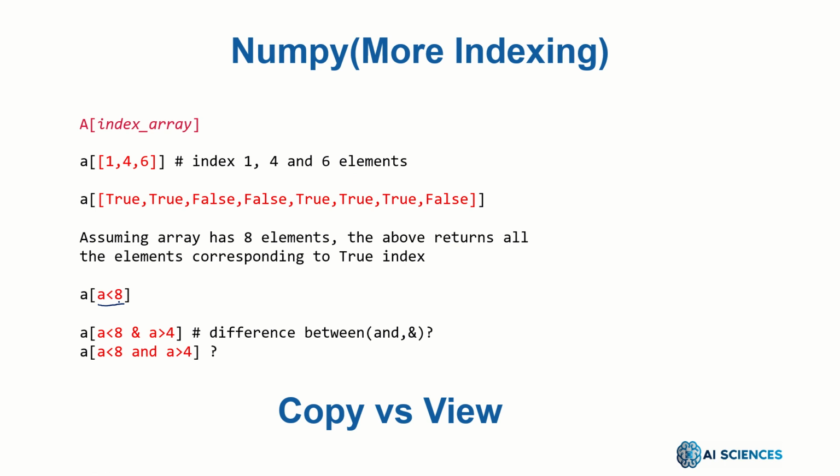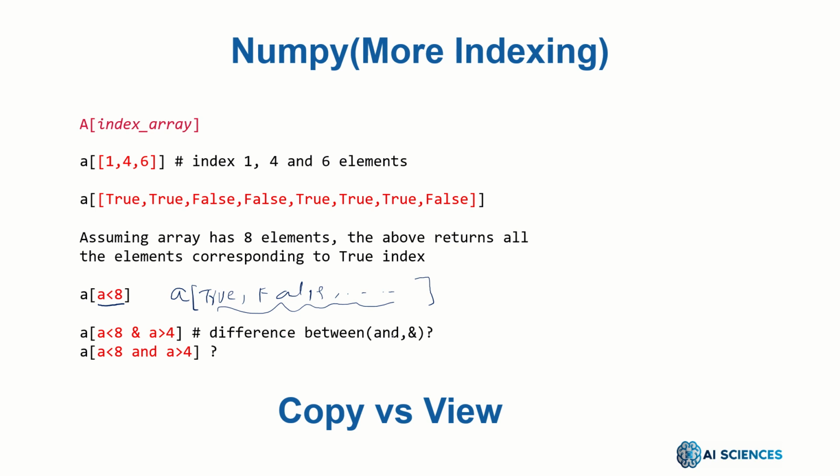It will create a Boolean array, with a true for every element that is smaller than 8. Then indexing A with this true/false array, the mask, will pick all the elements that are smaller than 8.